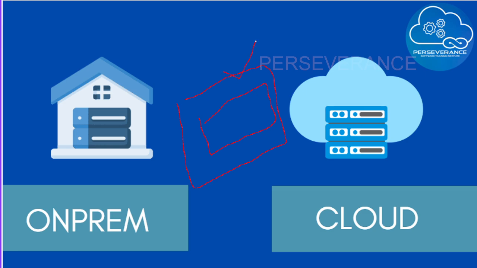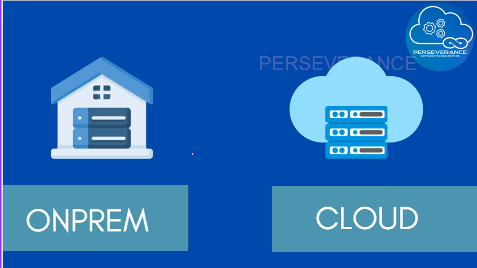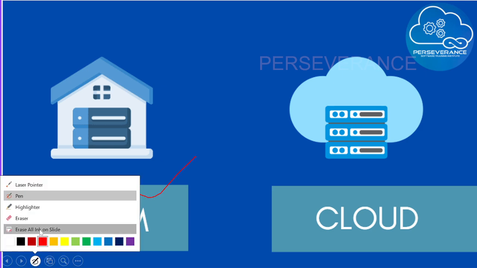Without servers we cannot do anything with the application. So now we have two things. One is cloud computing, meaning cloud servers, the cloud environment, where we host our applications, and the other one is the on-premise environment. So let's see what these two are.